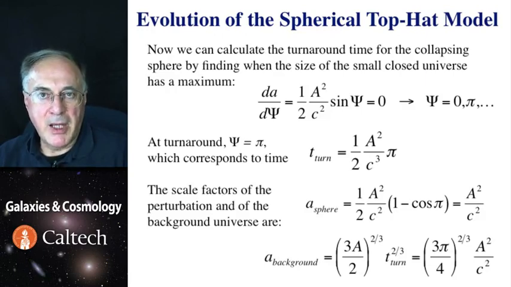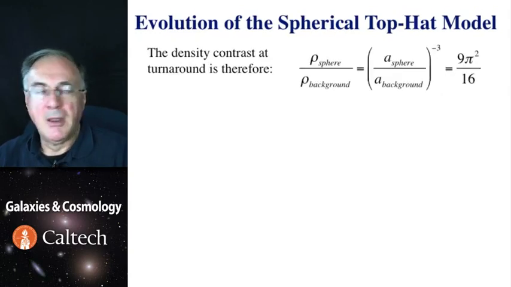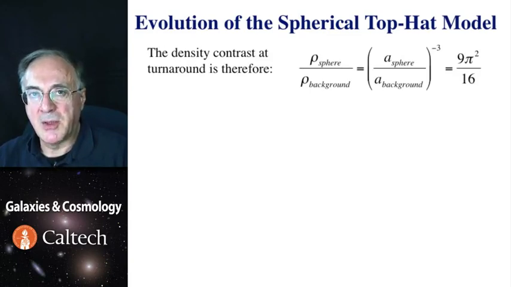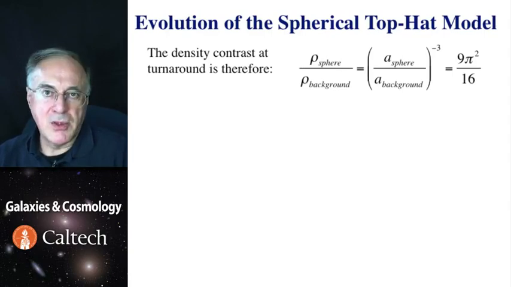Now, if we look at the background universe, which continues expanding, its density keeps going down. And the ratio of the densities of the sphere at the turnaround time and the surrounding universe is given as the cube of the expansion factors that correspond to them, which is a simple numerical factor of 9 pi squared divided by 16 for a very idealized case that we're talking about.